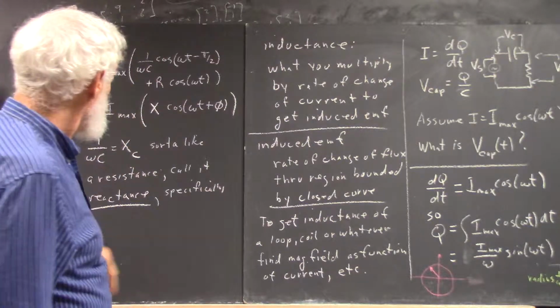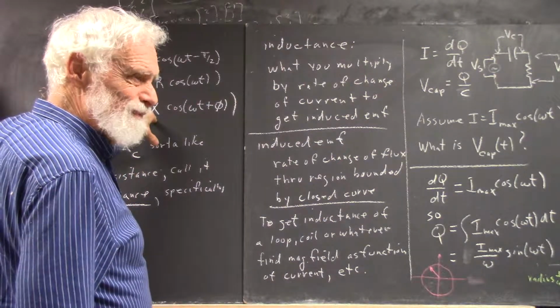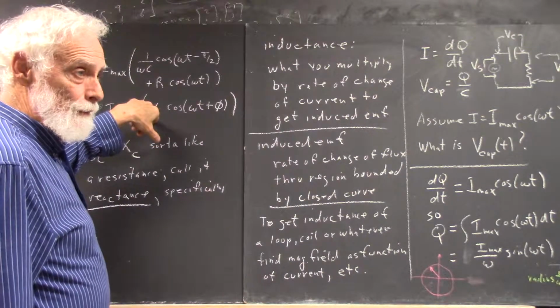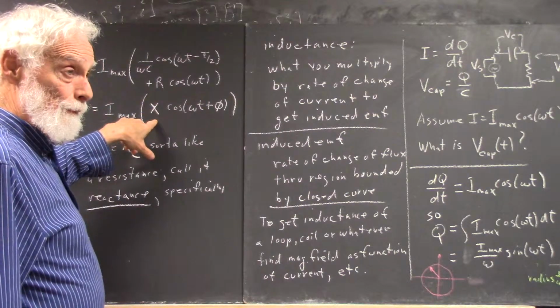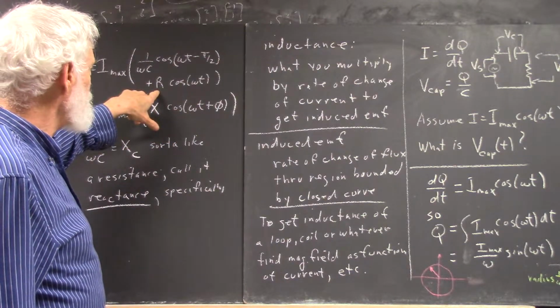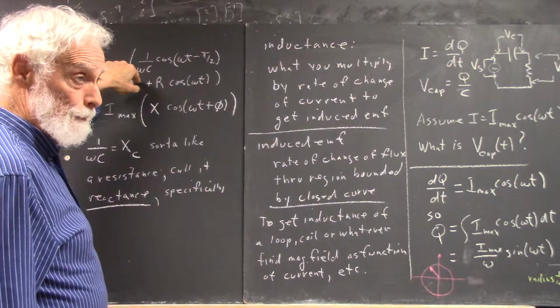And I'm using x somewhat inappropriately, but we'll straighten that out, for the quantity here. It's not a resistance, it's a combination of this resistance and whatever 1 over omega c is.